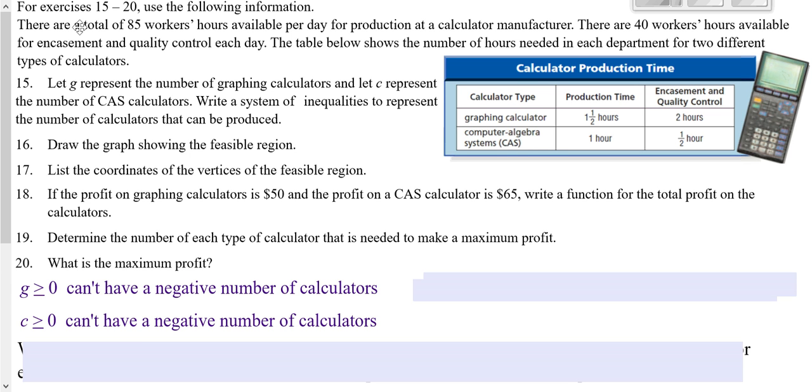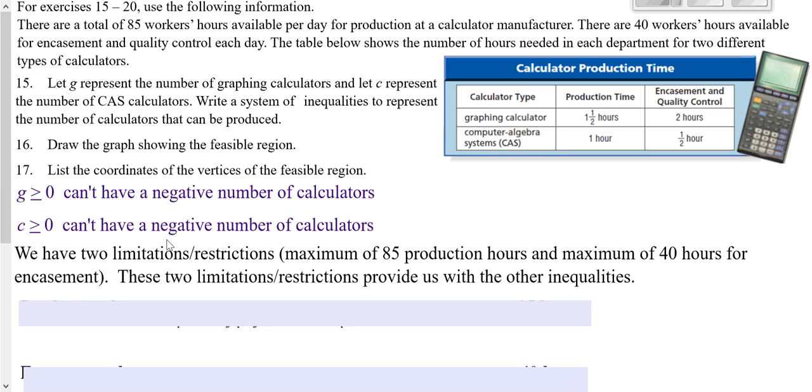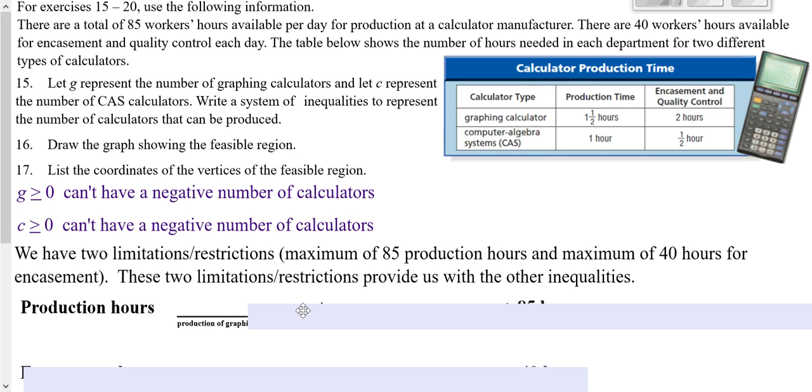Those come up here. We have a total of 85 worker hours for production, and we have 40 worker hours available for encasement. So those are going to help us with our other inequalities. For our production hours, some will be used for the graphing calculators, and then we add in other production hours used for the CAS calculators.